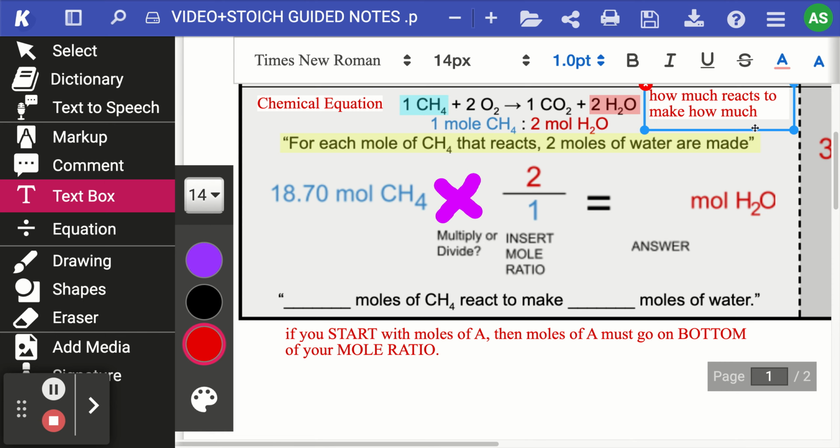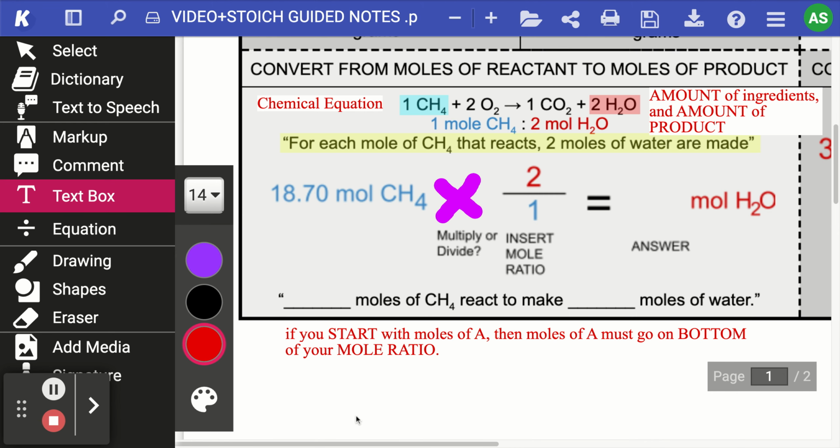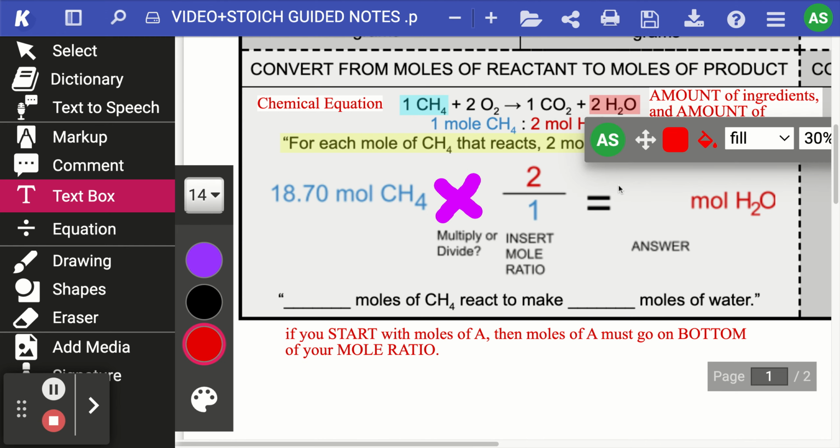Okay, let's translate that into regular English, shall we? It tells me the amount of ingredients and the amount of product. That's what a chemical equation does. In this case, it tells me that 1 mole of methane makes 2 moles of water.